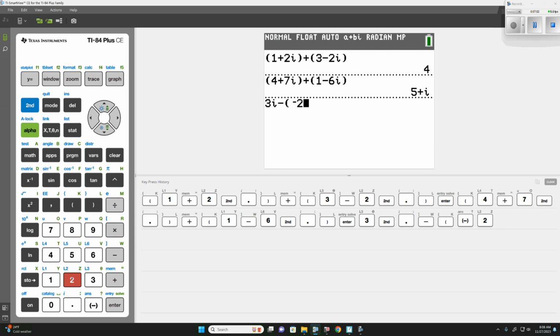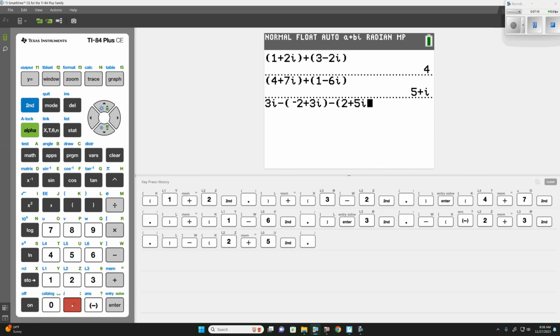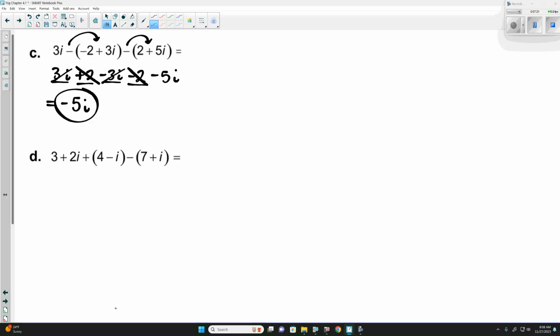Negative 2 plus 3I minus 2 plus 5I. That's it. Questions on this here?